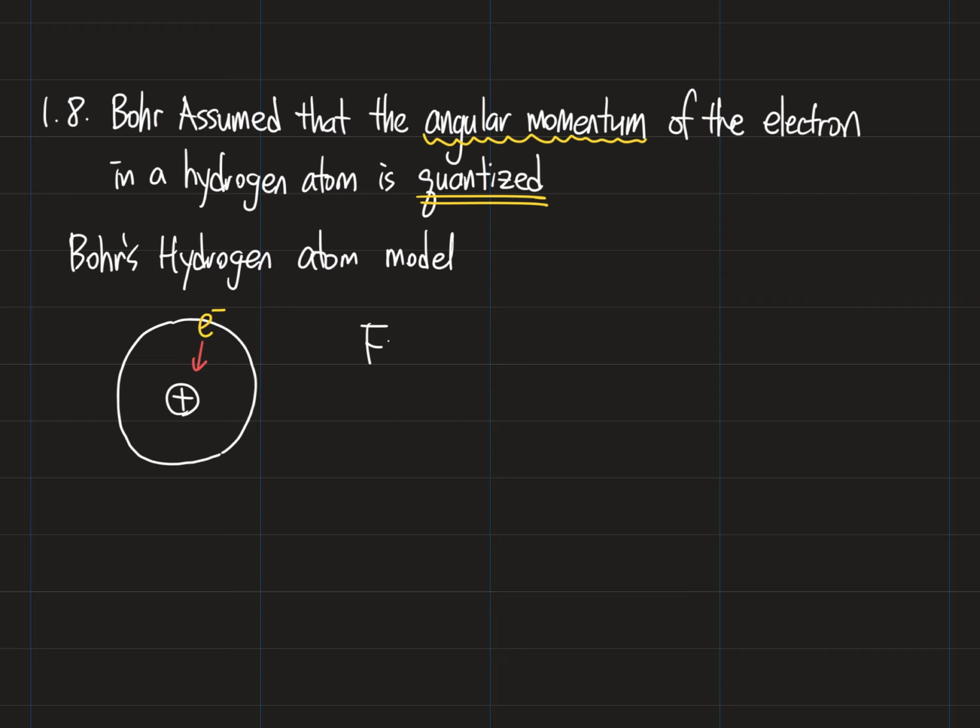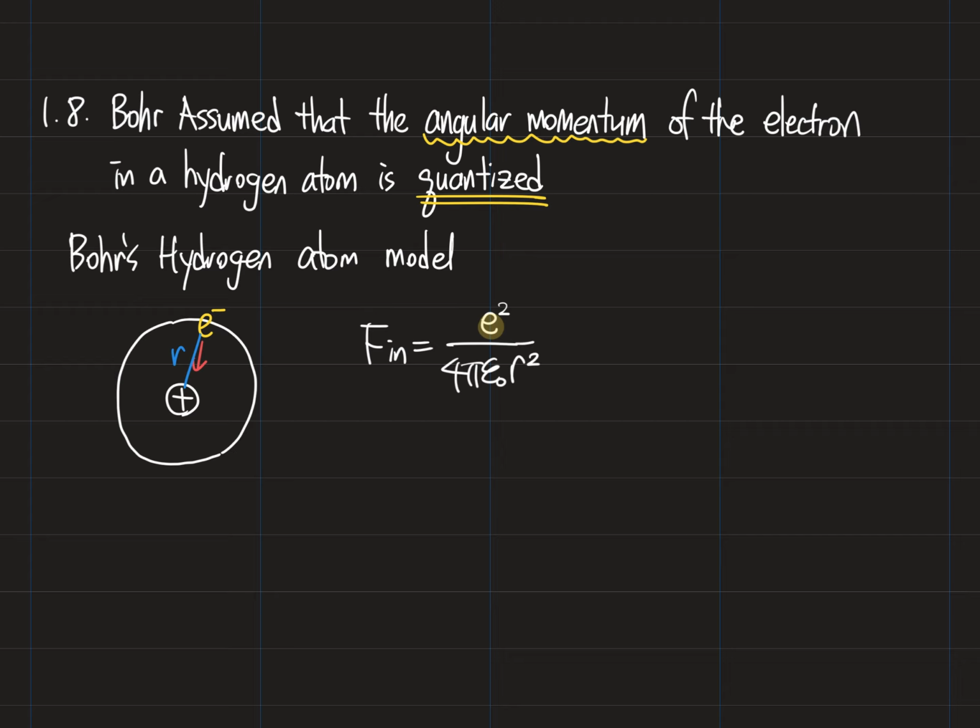So F inward is the Coulombic force, and this is given like this. e is the elementary charge, r is the distance between the two objects, and epsilon 0 is the permittivity of free space, the vacuum.